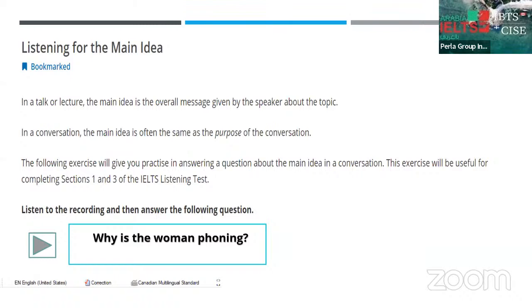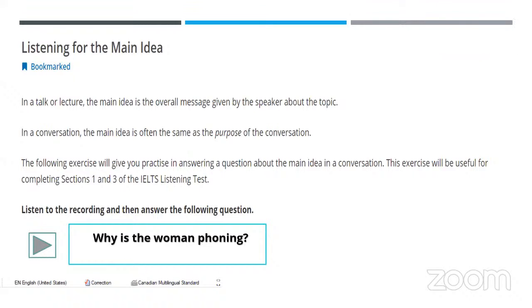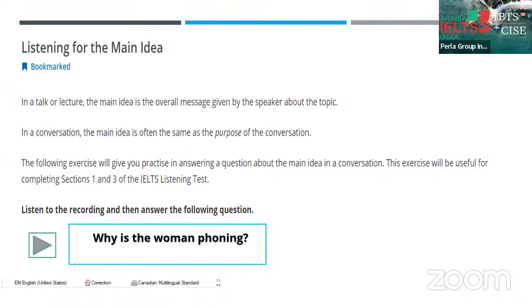So we said section 1 is a conversation, a general topic. Section 2, we said it's a monologue, which is one person speaking, general topic. Section 3, we said it's an academic conversation. And section 4, it's an academic monologue. Okay, so one person speaking or lecture.